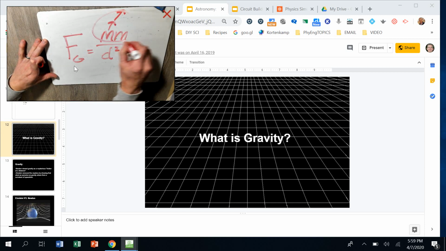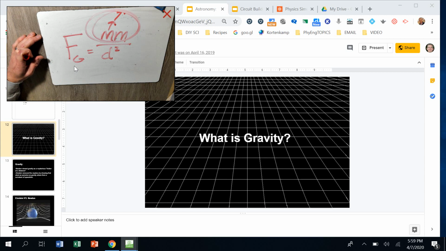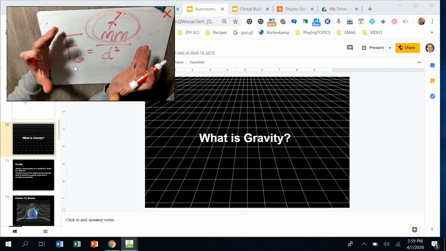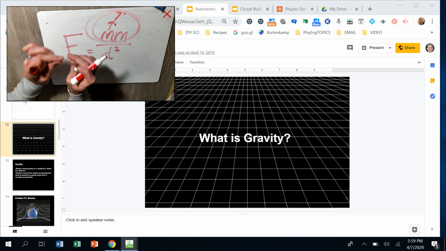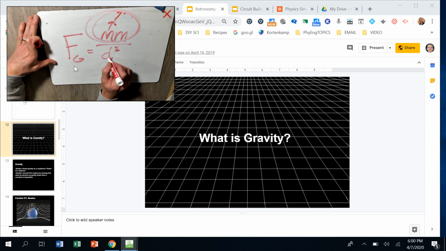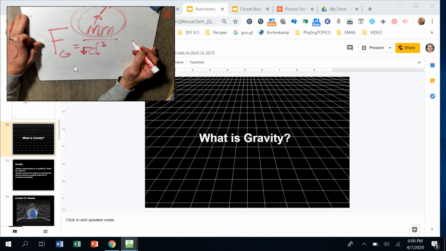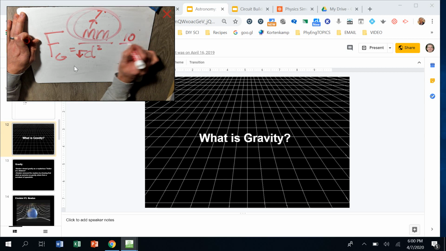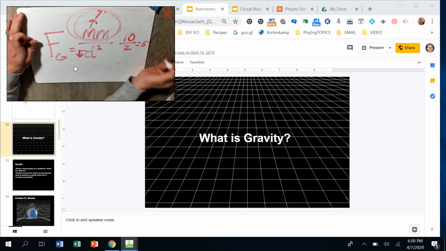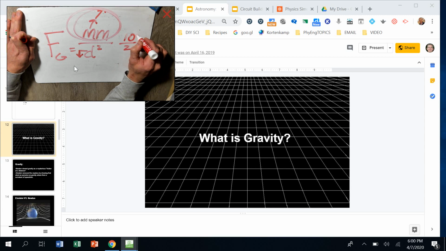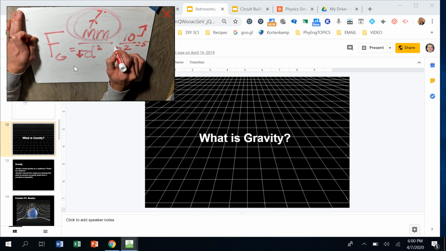So if I'm talking about something that is 10 to 100 times the mass of our sun, big masses, that top part of the fraction becomes huge, right? And I'm talking about squishing those into teeny tiny little spots. That means that this distance, or the size of the star, the distance from the top to the middle, is going to get smaller and smaller and smaller. Well, what happens when you take something, let's say 10 divided by 2, that equals 5. Right? Now let's ratchet this up and let's ratchet this down.